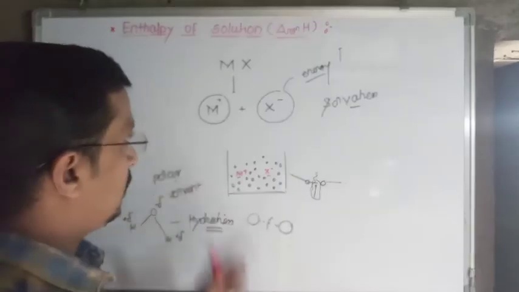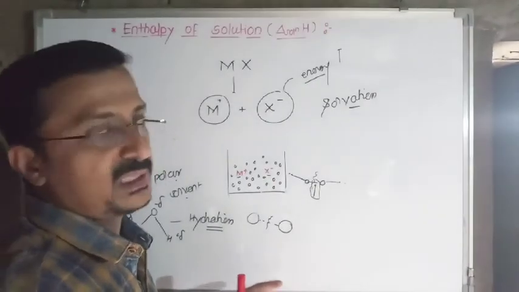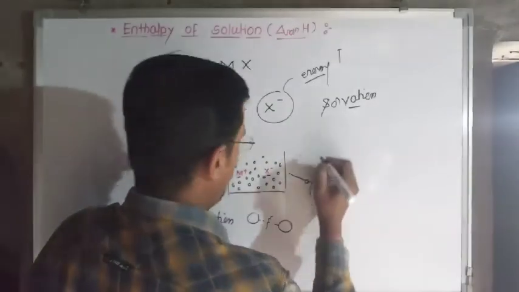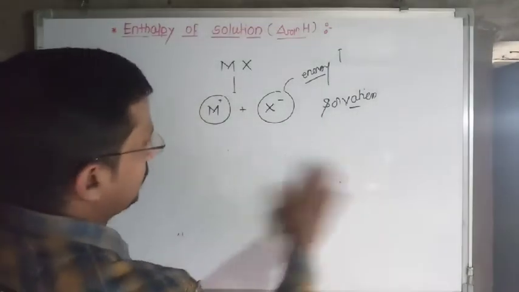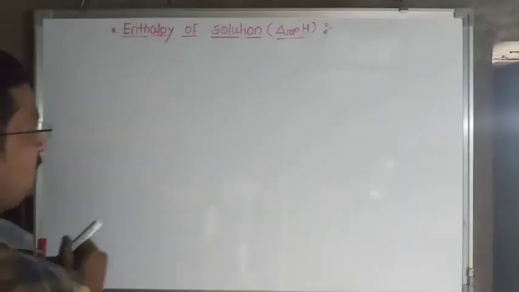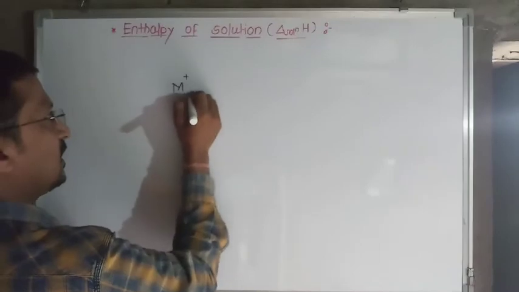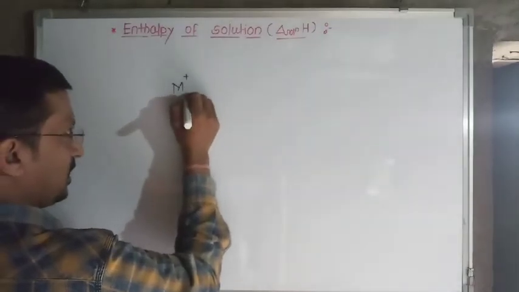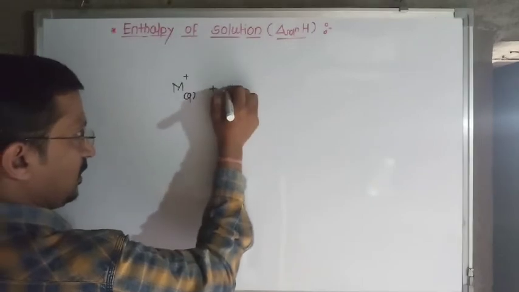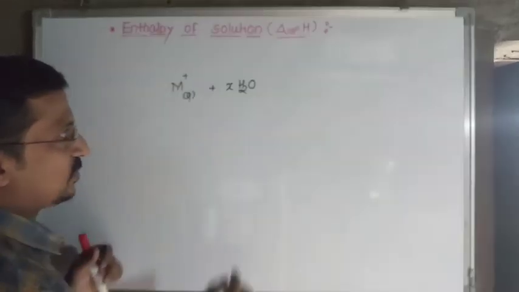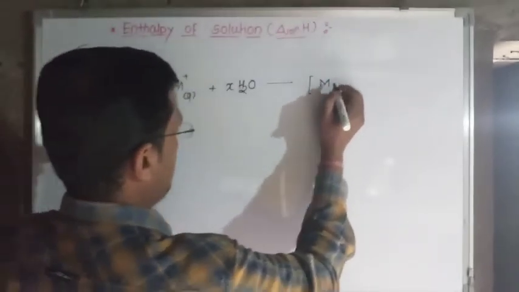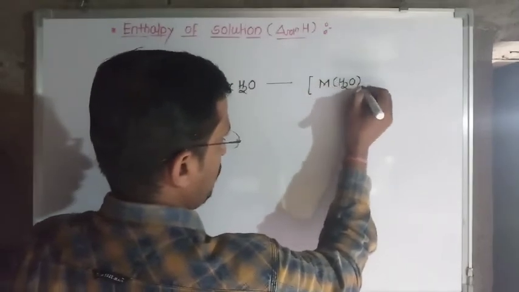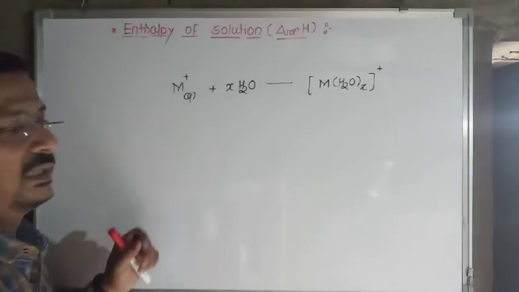Remember well, if you consider the hydration enthalpy, suppose M plus is there, gaseous, plus x moles of H2O, it is converted into M(H2O)x plus.